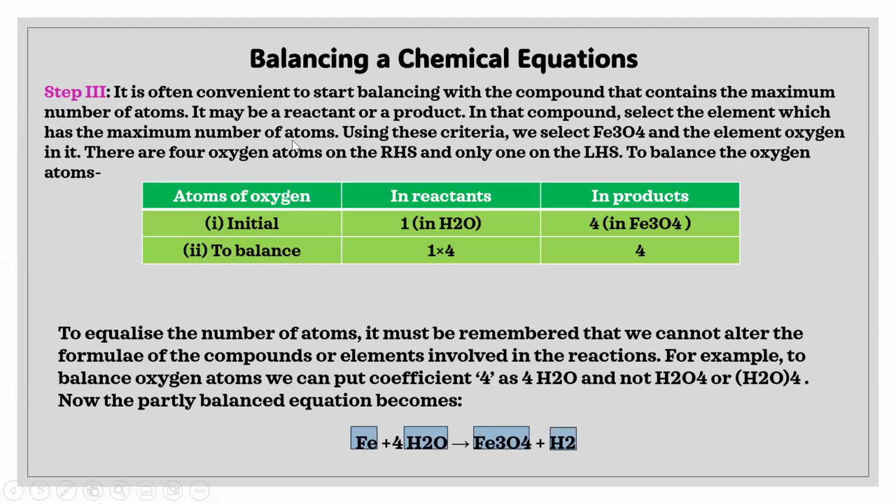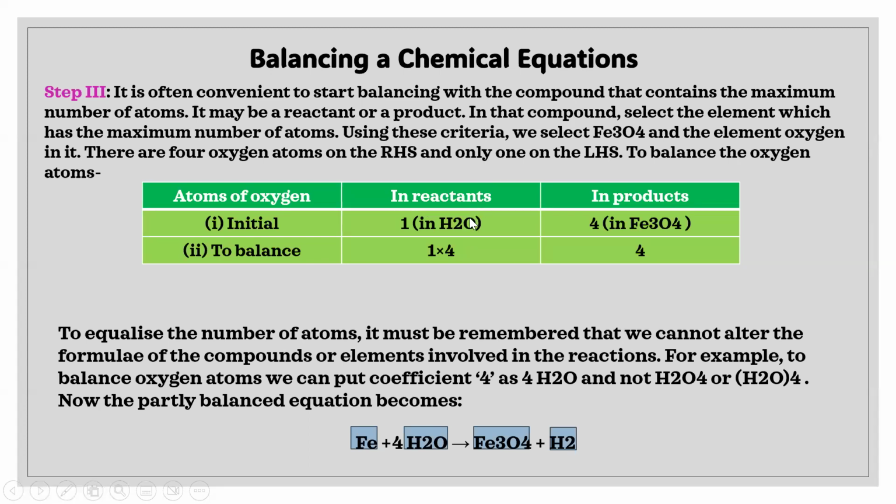In step 3, we have to see which contains the maximum number of atoms. Here in the chemical equation, we have Fe3O4, in which oxygen is present in a high number, so we are taking it.